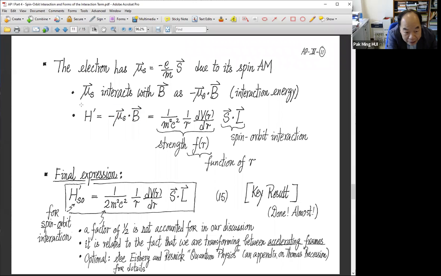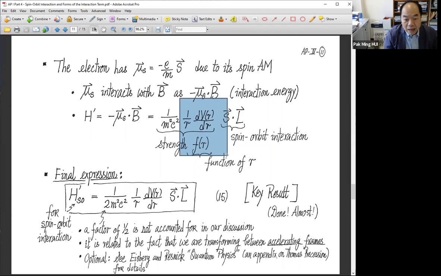And that will be an interaction energy. Now in quantum mechanics, we need to find energy so as to add to the Hamiltonian. Hamiltonian is an energy. So therefore, we put this thing dotted into the B on the last page. For atomic physics, we usually write it in this form. Therefore, you see the S dot L. And you know what is happening in front.